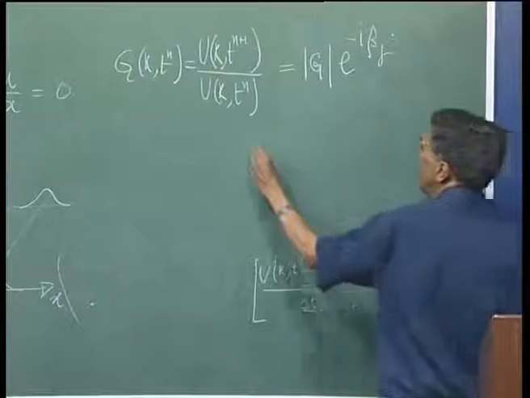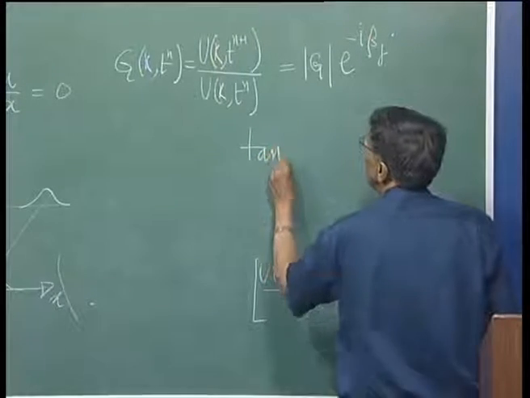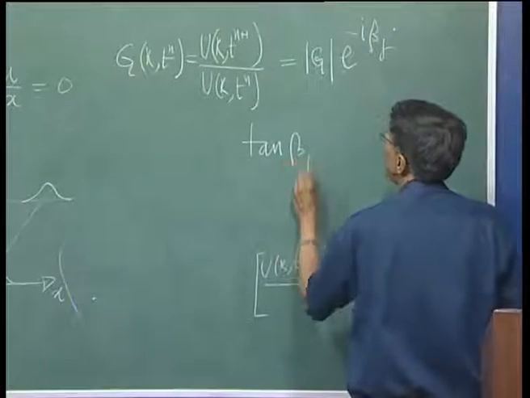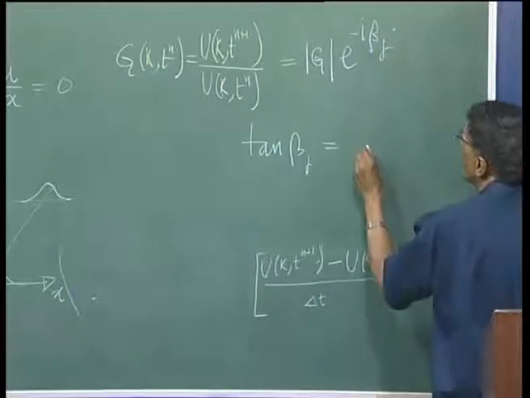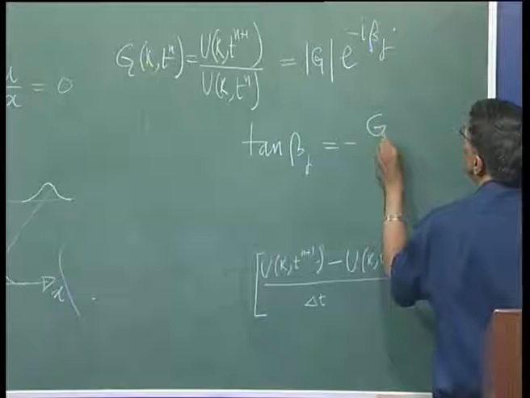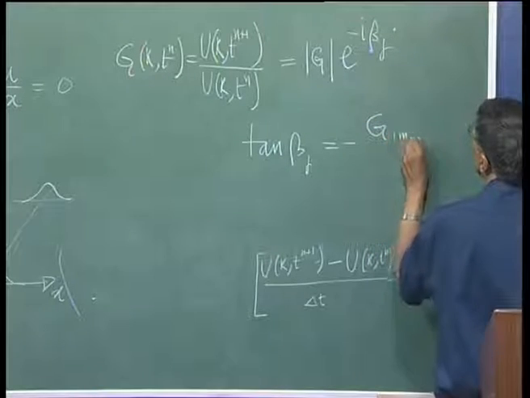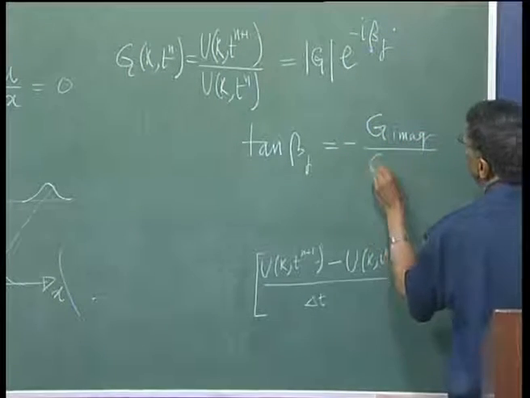What is beta j? Tan beta j would be nothing but, since G is complex, G imaginary by G real.